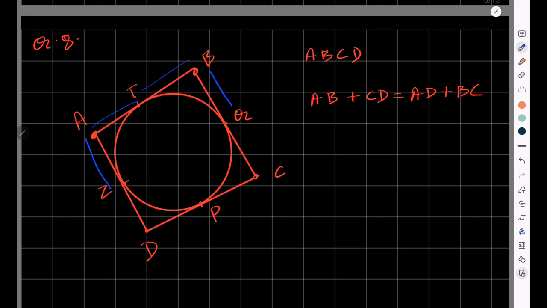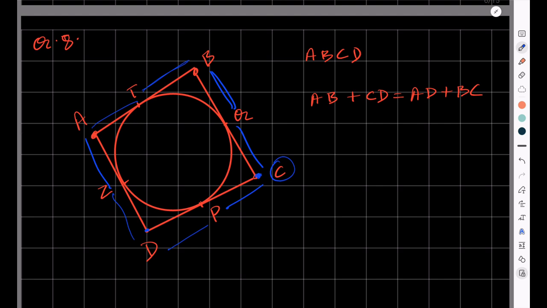Similarly, TB and BQ should have the same length. It will be different than AT, but TB and BQ should be the same. Similarly, QC and PC will be the same. Why? Because they are tangent from this common point C. And similarly, length of DP will be equal to length of DZ because it's tangent from the common point D.